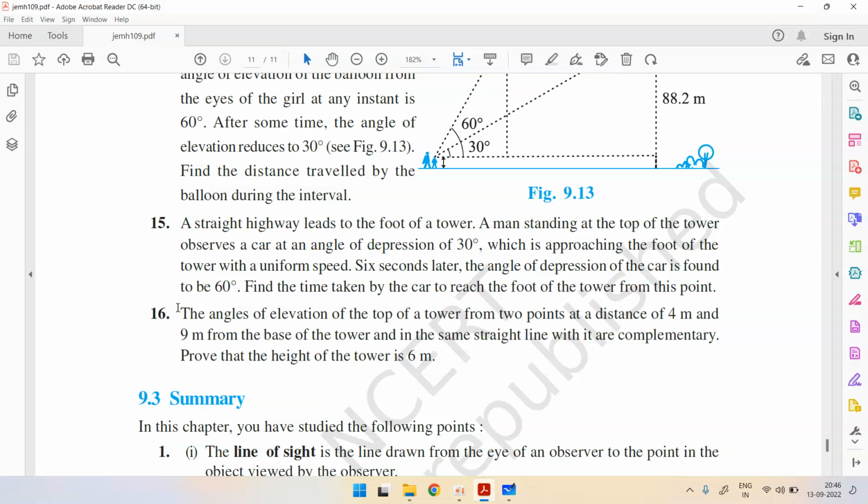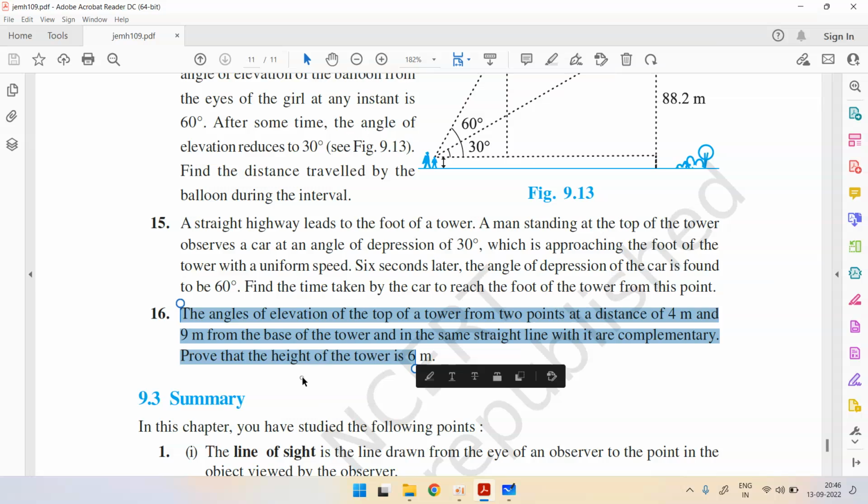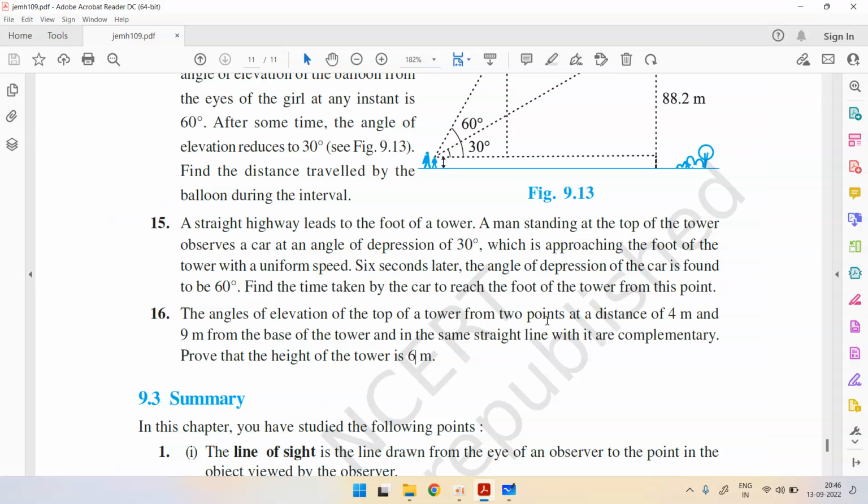Which is the answer? Now, what is question 16? The angle of elevation of the top of a tower from two points at a distance of 4 meters and 9 meters from the base of the tower, in the same straight line with it, are complementary. Prove that the height of the tower is 6 meters.